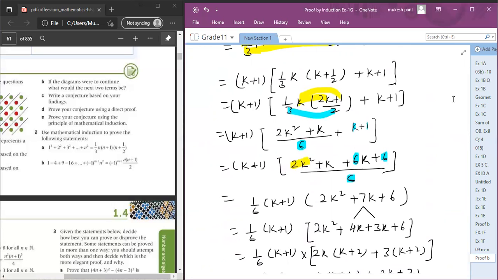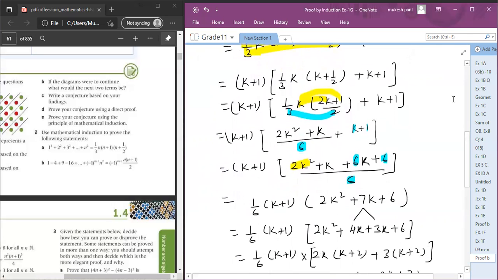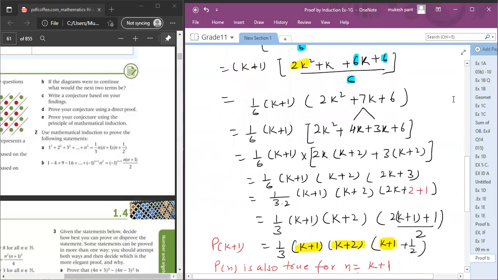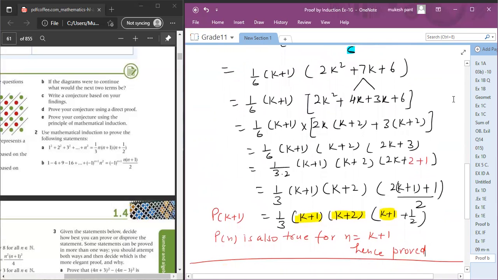Okay, after the factorization. This is factorization. You mean this part? 7 is split into 4 and 3, right? After that one, sir, the 2k bracket k plus 2 plus 3. Can you explain from there? How did you get that?